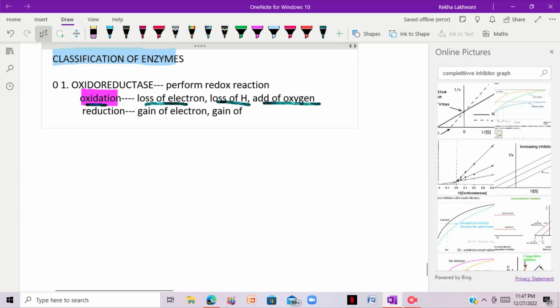So basically in reduction, there is gain of electron, gain of hydrogen ion, and the loss of oxygen. So now we have enzyme which is known as oxidoreductase.